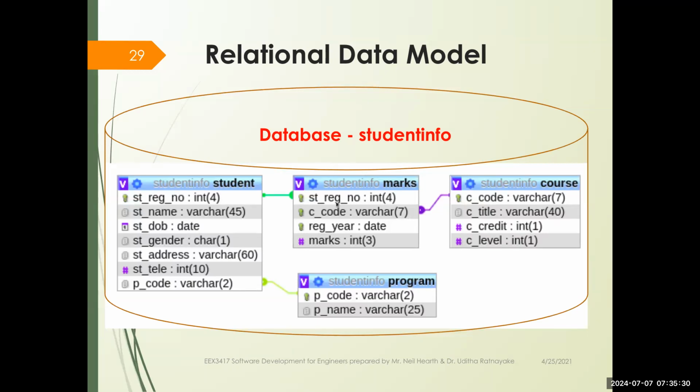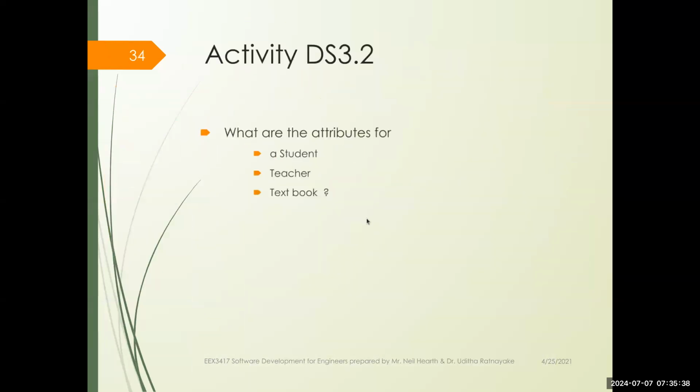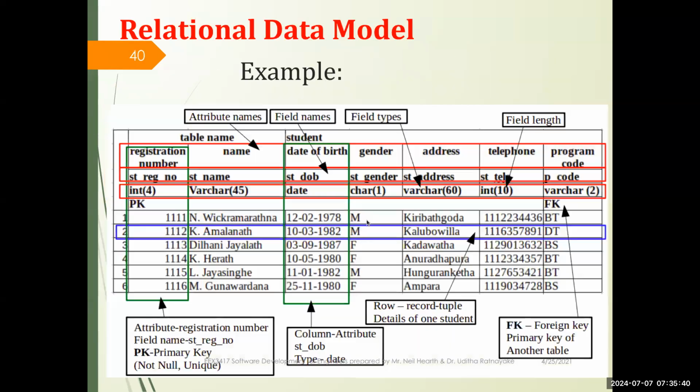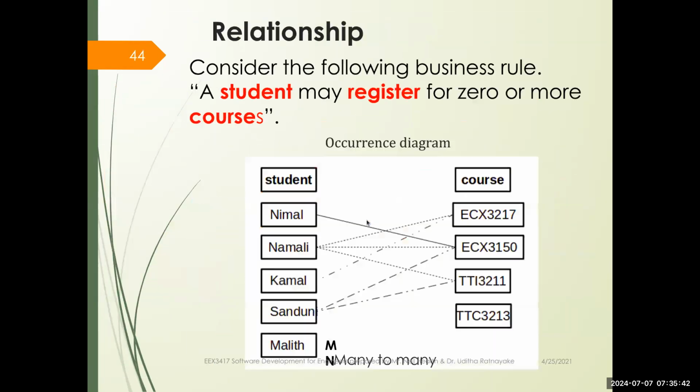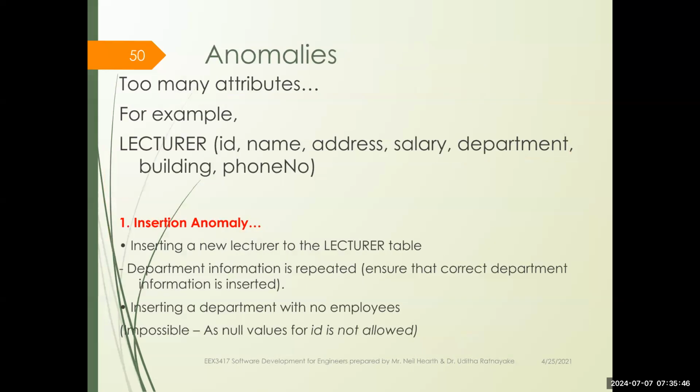What will happen if we do not include relations here? If relations are not available, what happens? These are called anomalies.